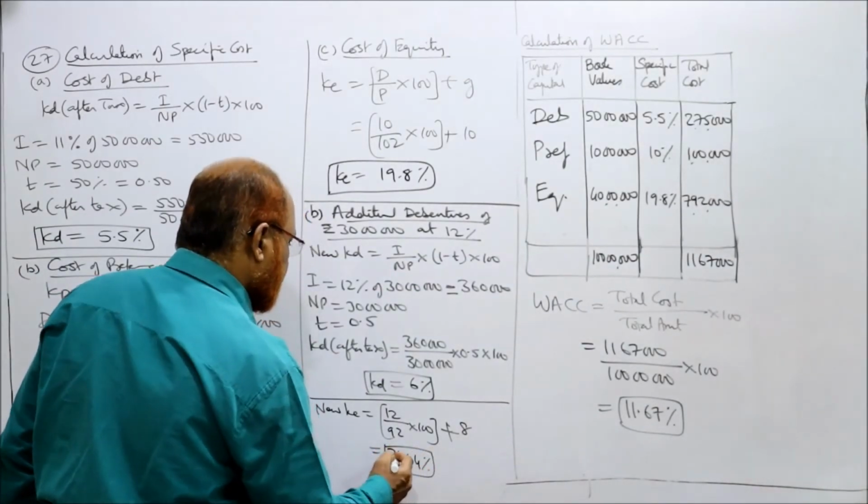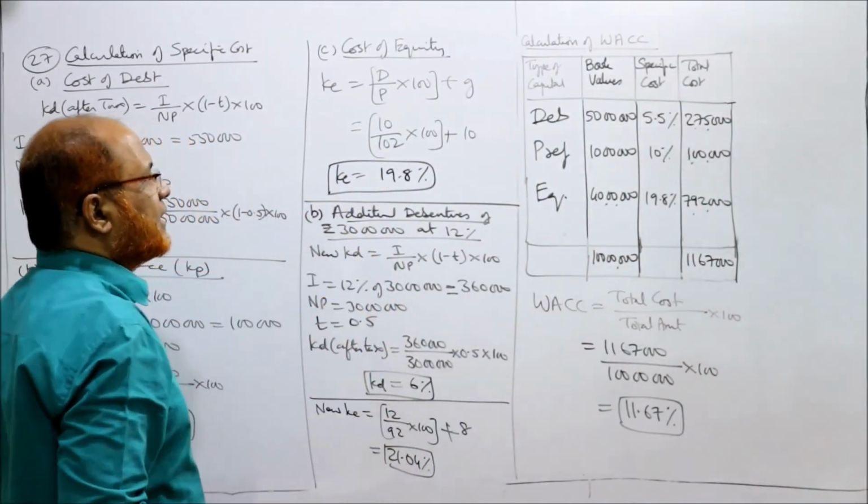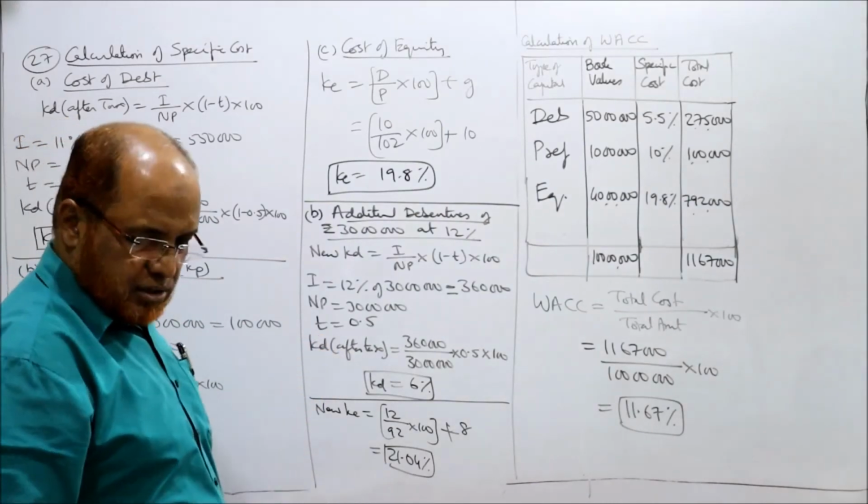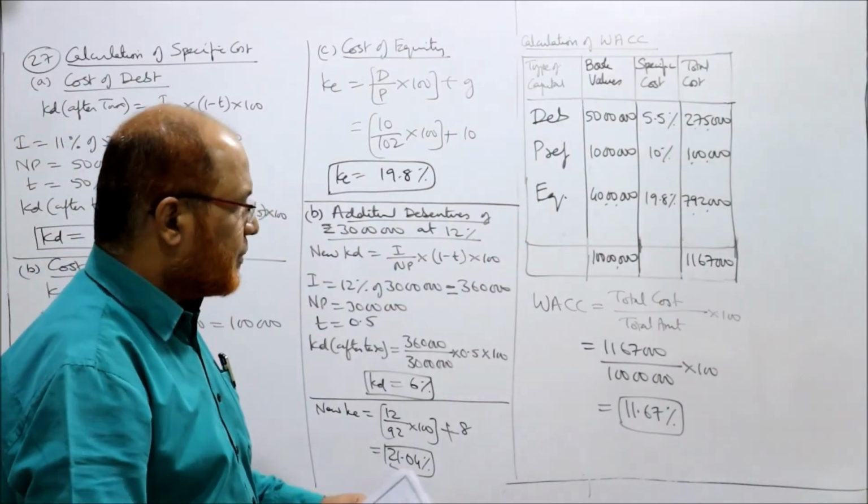Old KE was 19.8, new KE will become 21.04%.